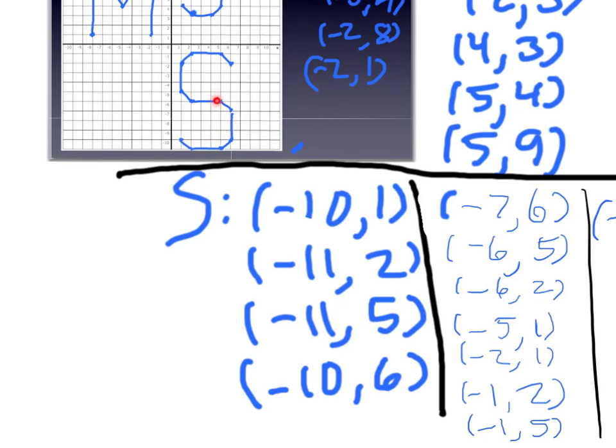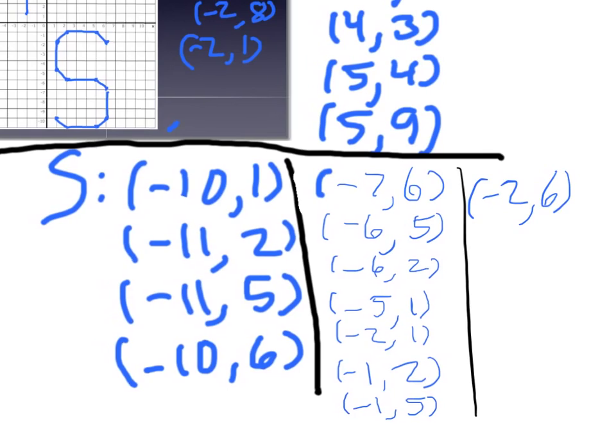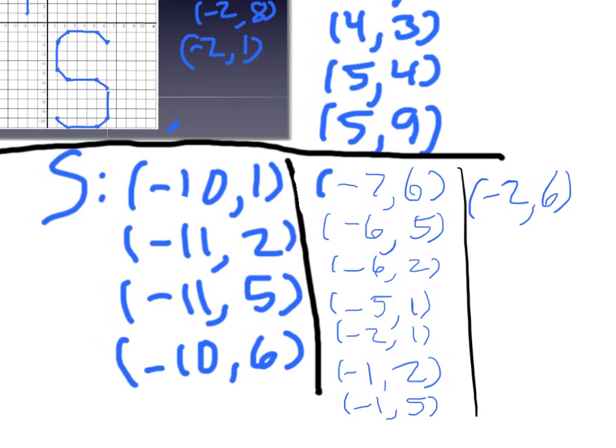Then I jump up to -7, 6, -6, 5, -6, 2, -5, 1, -2, 1, up to -1, 2. Then I have -1, 5, and lastly, I apologize for how much zooming, I'm hoping I'm not making you nauseous, I have -2, 6.